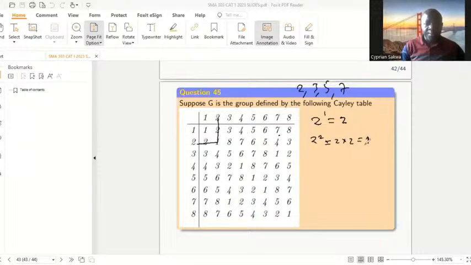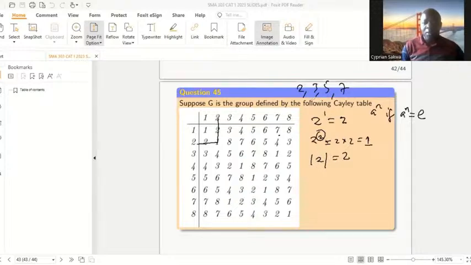That gives me 1. That means the order of 2 is 2. The order of A is n if A raised to n gives me the identity. So the order of 2 is 2.